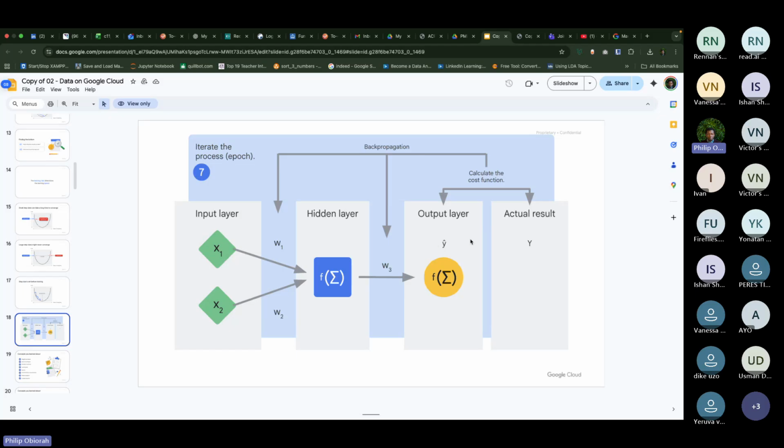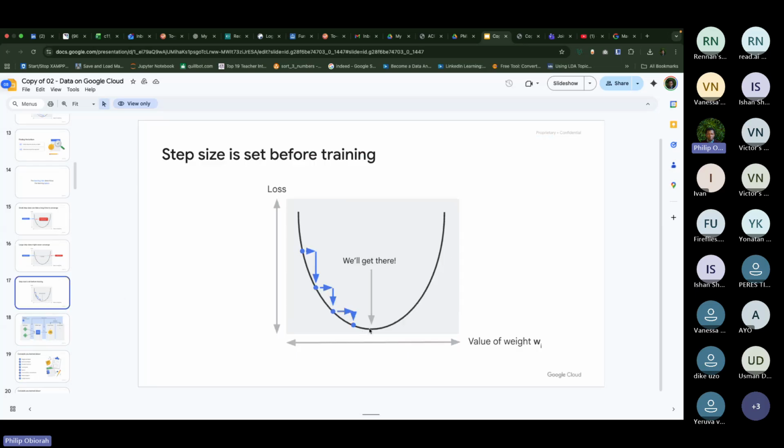Then we calculate the derivative, which tells us in which direction this weight should be adjusted. So it goes back again to adjust these weights. This is how the machine learns, by keeping on adjusting the weights until it gets to this optimal point where you have the least cost.